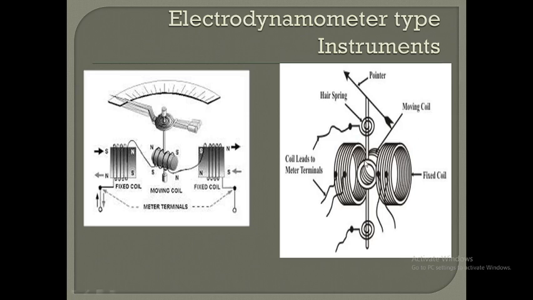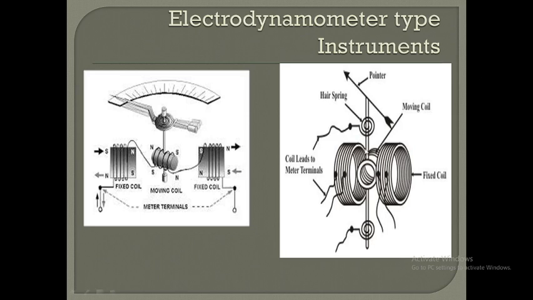So the two operating fields will interact with each other, and the deflecting torque in the system is due to the current in the fixed coil as well as the current in the movable coil. The important difference is that the field due to the fixed coil is not constant.